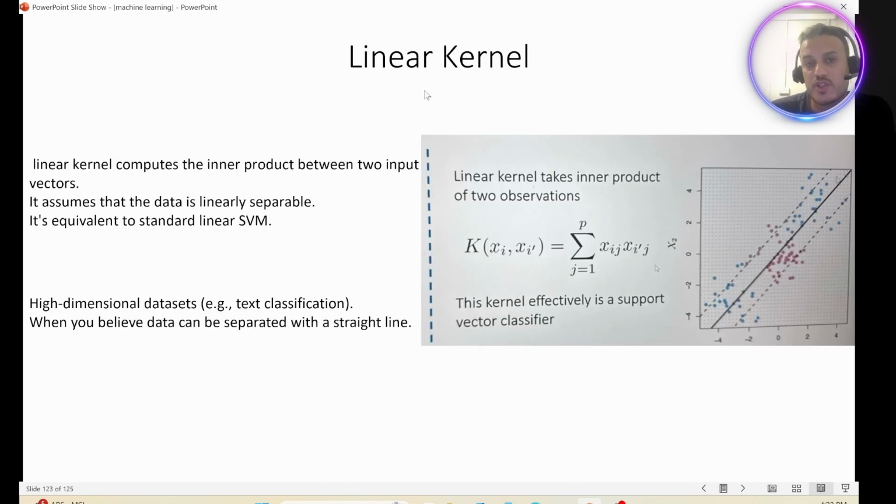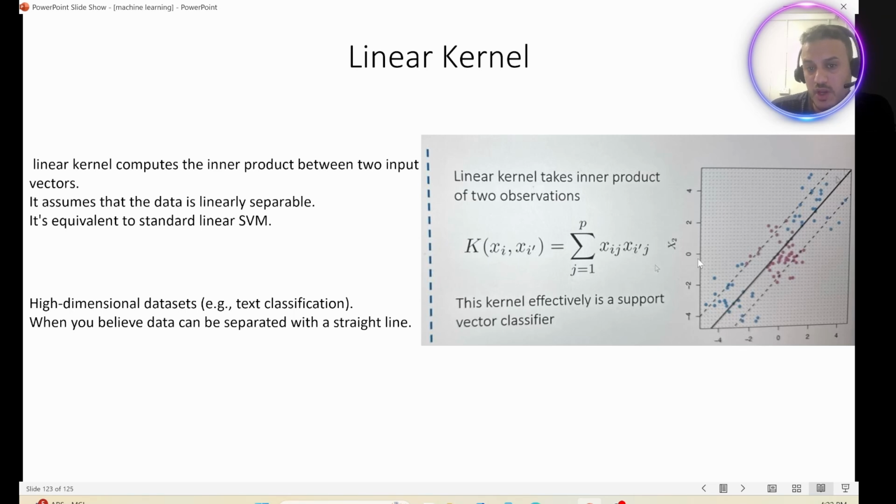The first one is called the linear kernel. This takes inner products of two observations, and this kernel is effectively the support vector classifier.